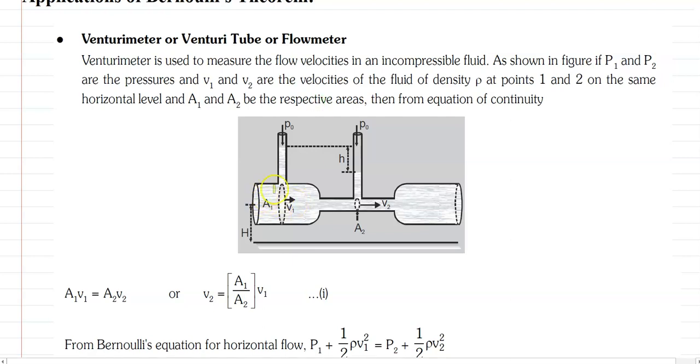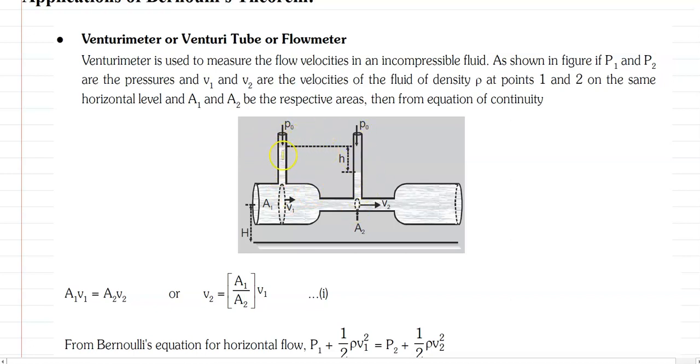So this is a glass tube having different cross sections. One cross section is A1 and another cross section is A2, and to this tube, two other small tubes are connected, as shown in the figure.